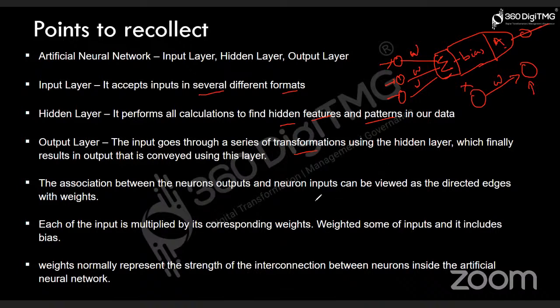So let's say X is the input data; X will be multiplied with its weight W and added with the bias term. Then it will be passed to the activation function for processing, and it will give us the output. Weights normally represent the strength of interconnection between neurons inside an artificial neural network.